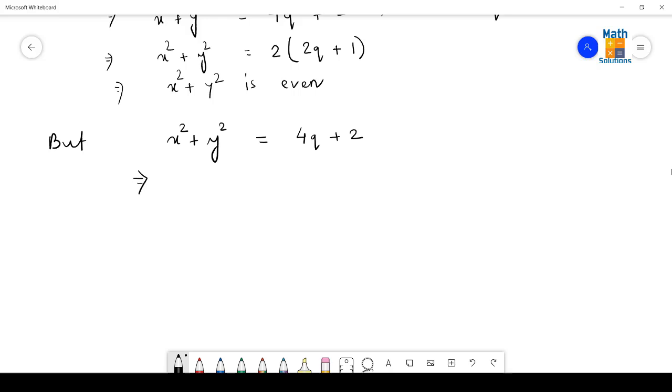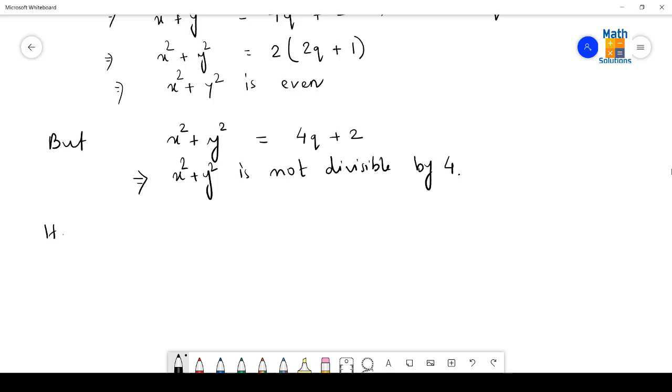Therefore, what conclusion can we draw here? This quantity x square plus y square is not divisible by 4, because the quantity present on the right hand side cannot be expressed as a multiple of 4. Therefore, x square plus y square is not divisible by 4, and that is what we had to prove.